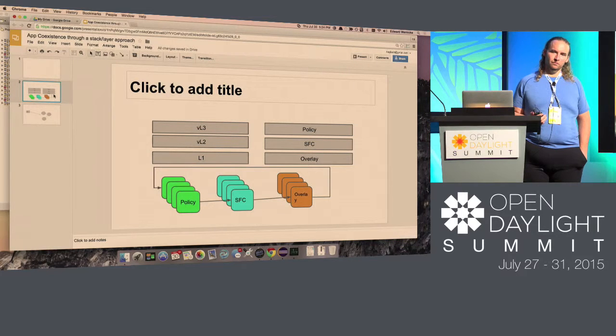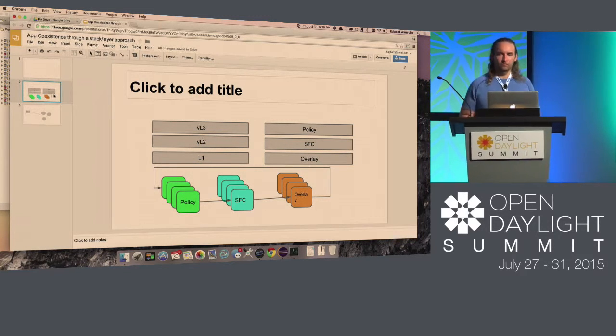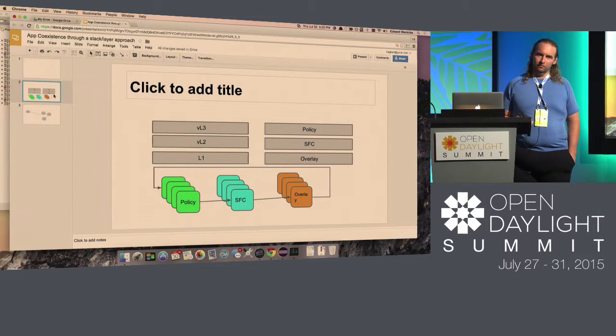And then the SFC that we have today is kind of a one-layer thing. It takes packets from one defined VNF to another. But if you want to follow that abstraction model, we want to generalize this, right? We want to say that SFC can be any blob, some other form of OpenDaylight service that we want to hand the packet to, to do something with.